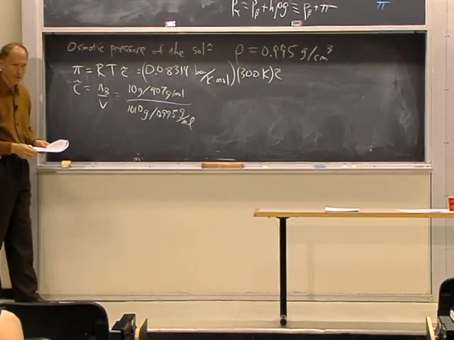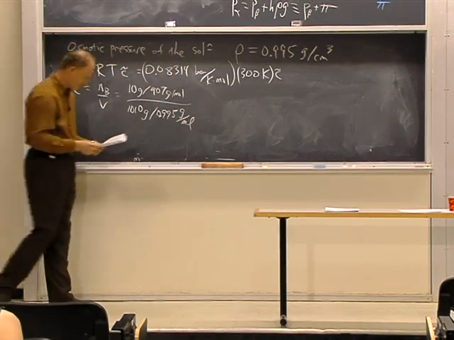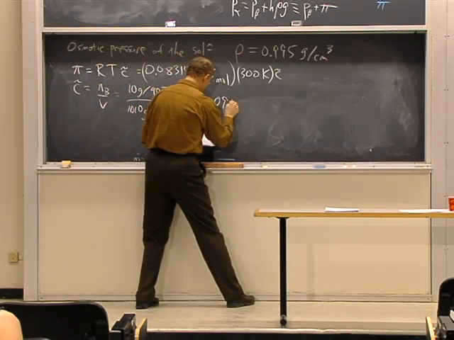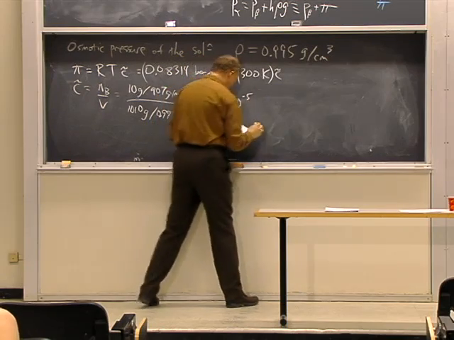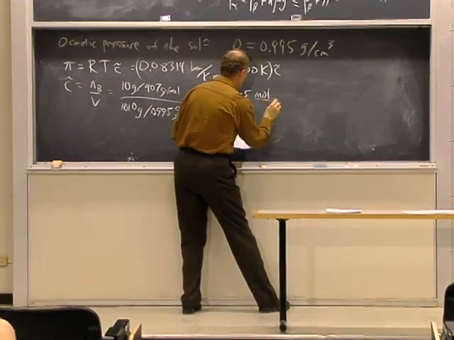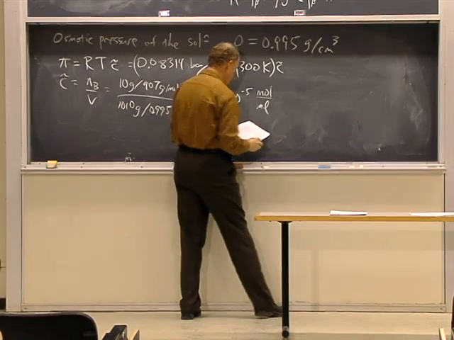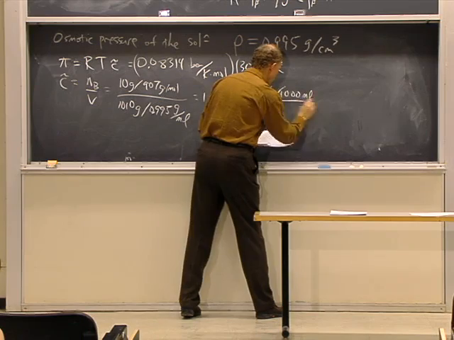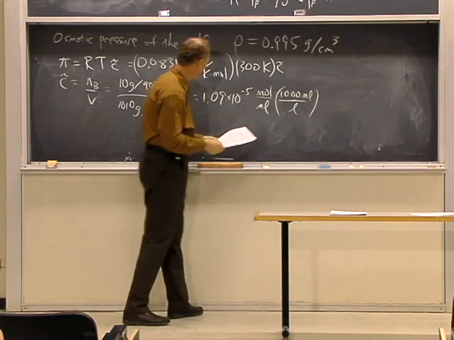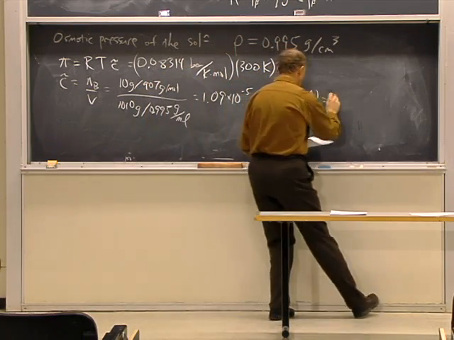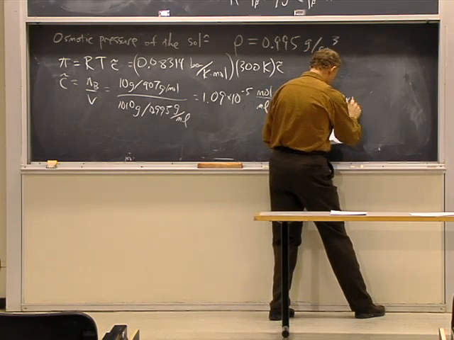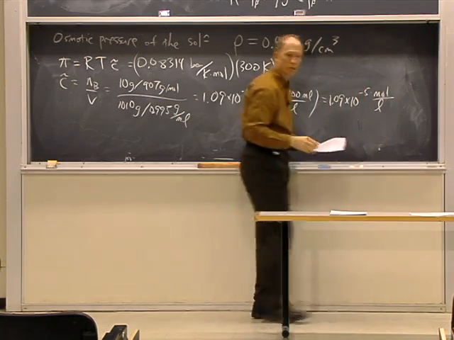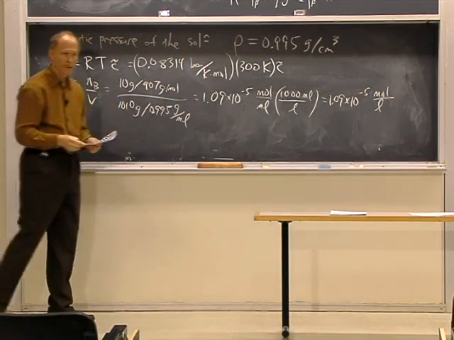I'm equating with centimeter cubed. And that turns out to be 1.09 times 10 to the minus fifth mole per milliliter. Let's get that into liters. So we'll multiply by 1,000 milliliters per liter. So it's 1.09 times 10 to the fifth moles per liter. Okay?